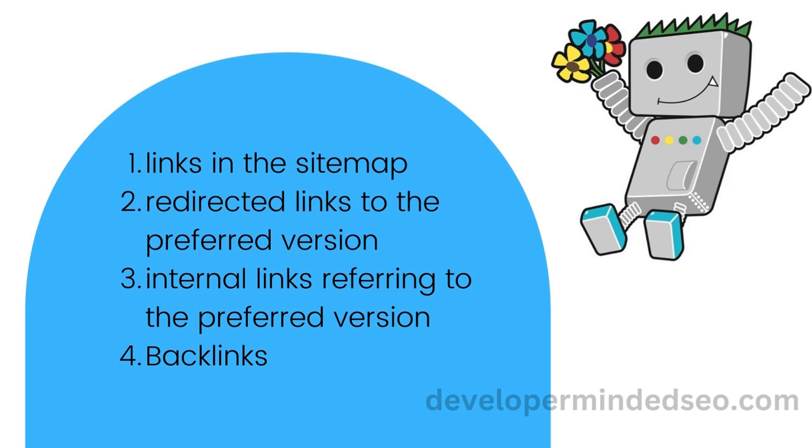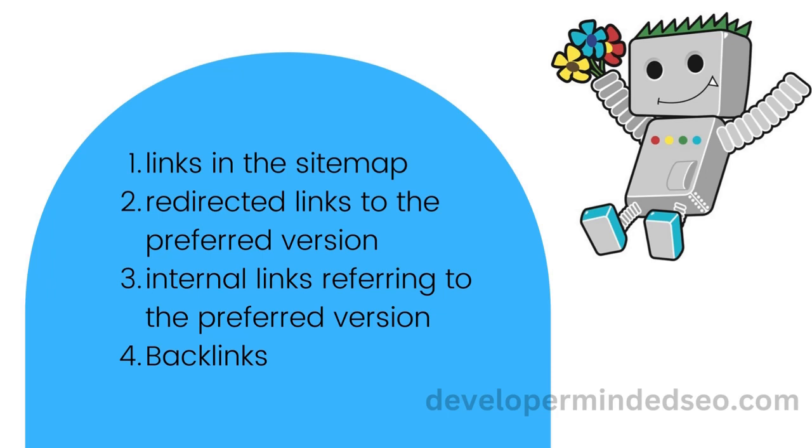So you should have only your preferred version URLs in the sitemap. If there are any duplicate URLs in the sitemap, then you will get a flag raised on Google Search Console that Google chose a different canonical than the user. So make sure you have all preferred version URLs in the sitemap, and always use 301 redirects to your preferred version, not any duplicate page version.